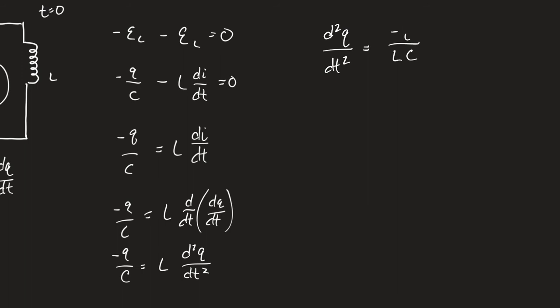I'm going to write this a little different, just to separate out the variable from the constants. Now, what this says is, when I take the second derivative of the function for q, I get back the original function and a constant. This is the original function. This is a constant.